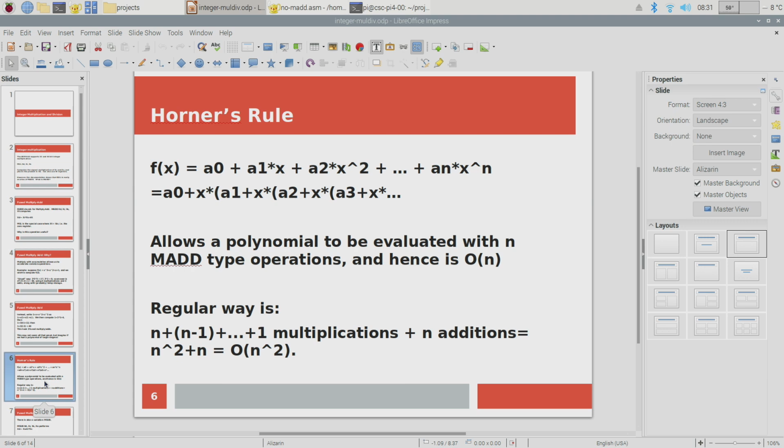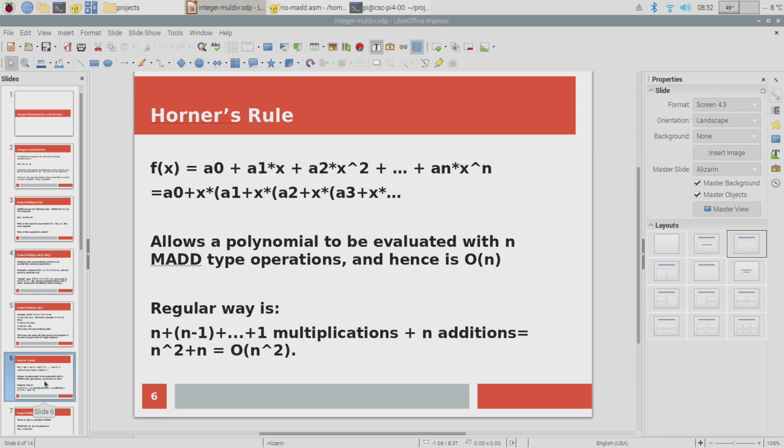Whereas if we did it the regular way, we would have to do a bunch of multiplications plus the additions at the end. And depending on how we store this data, if we're really stupid about it, and let's say that we had 3 cubed, wouldn't it be smart to store 3 squared along the way as a temporary value?